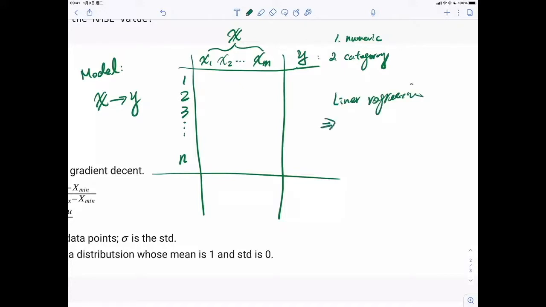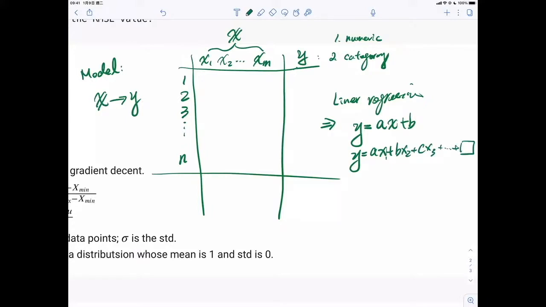Linear regression assumes that the relation between big X and Y is predefined. The form looks like Y equals AX plus B if you have only one variable, x1. However, the general form looks like this: Y equals AX1 plus BX2 plus CX3, and so on and so forth.